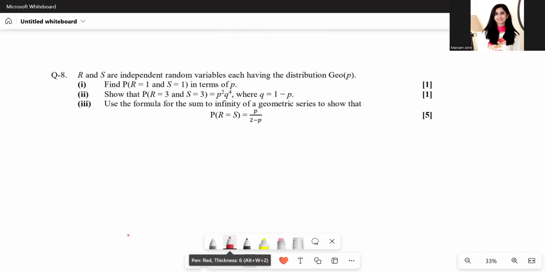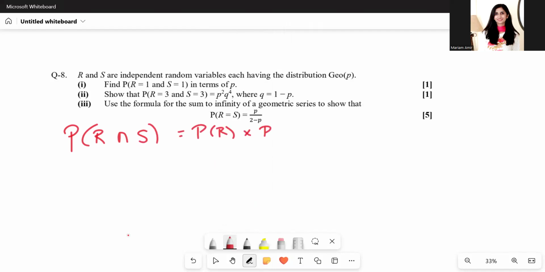R and S are independent random variables, each having geometric distribution with probability of success P. Find probability R is equal to 1 and S is equal to 1 in terms of P. Okay, so if they are independent, then probability of R and S, which is also represented by an intersection symbol, is equal to probability of R times probability of S. So in this case, it will be probability R is equal to 1 times probability S is equal to 1.